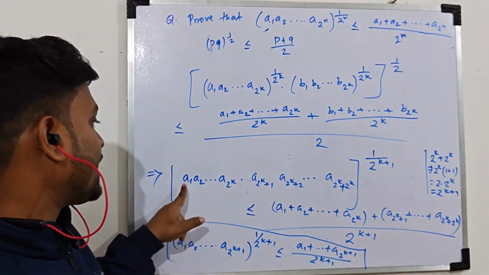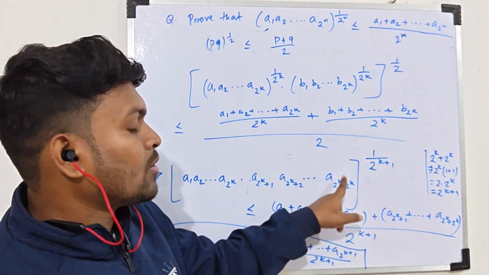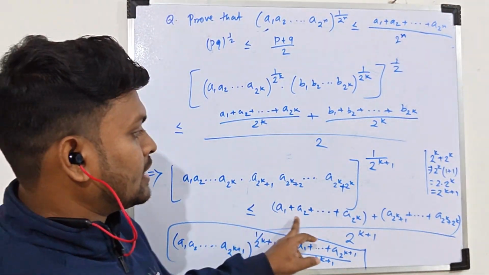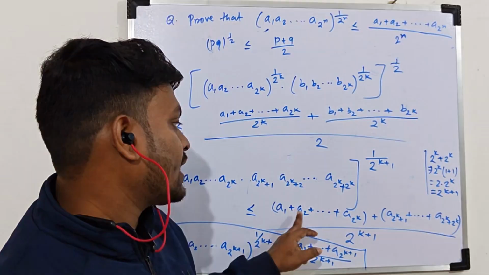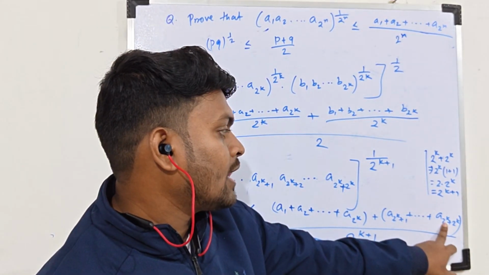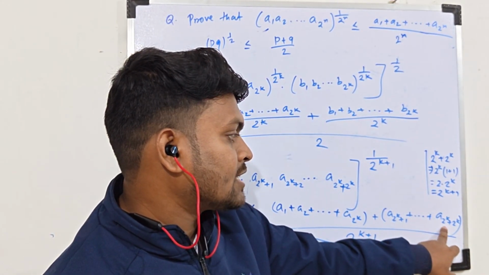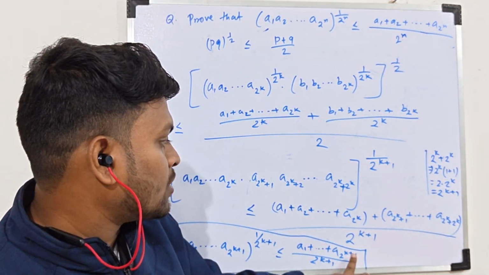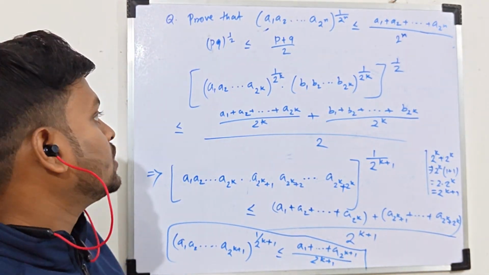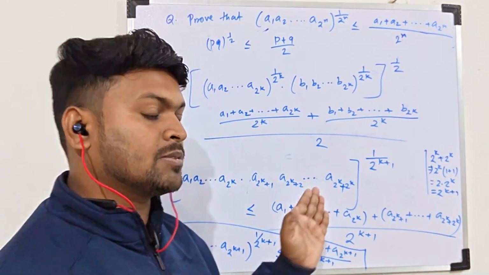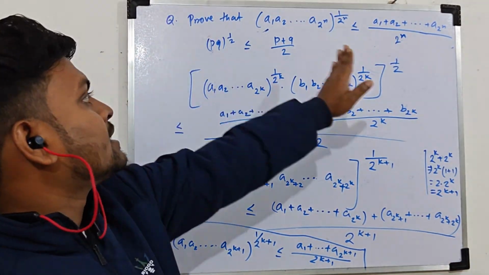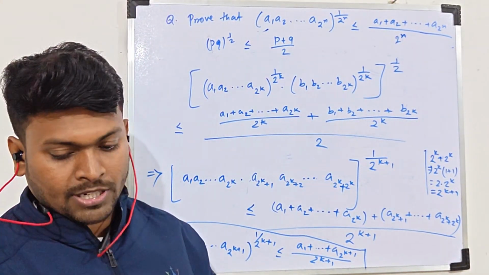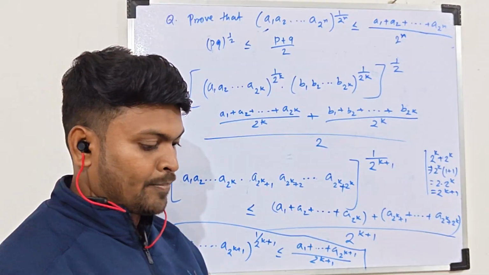So this side will become a1 to a_{2^(k+1)}, we write this. Similarly in the numerator this is a1 a2 up to a with suffix 2^(k+1). So this is a1 plus up to a_{2^(k+1)} divided by 2^(k+1). So by the first principle of induction, we can say this statement is true for all n belongs to natural numbers. That's it. Thank you.